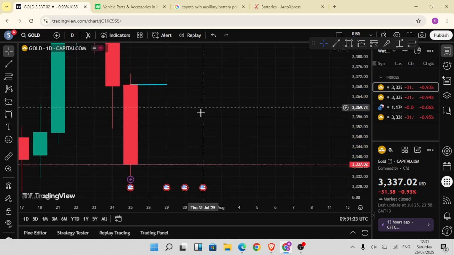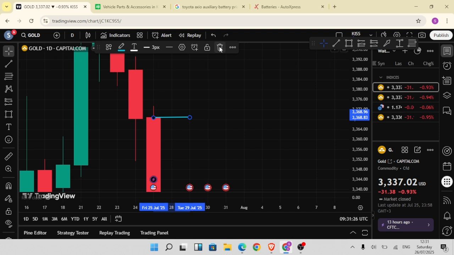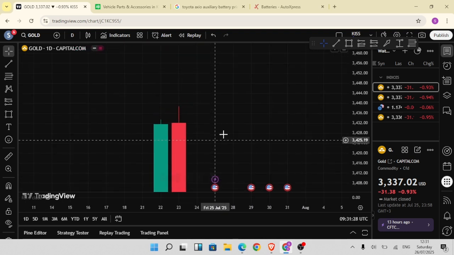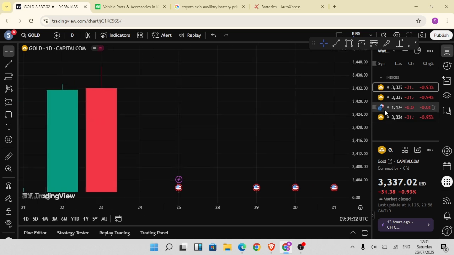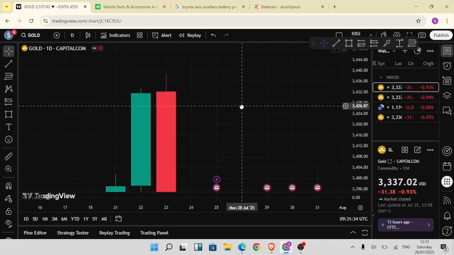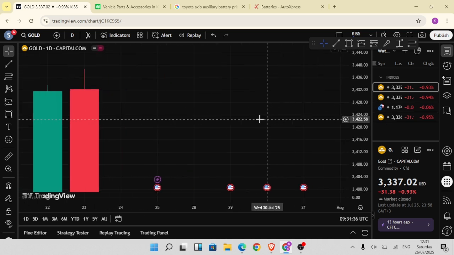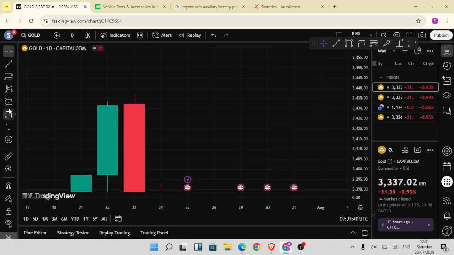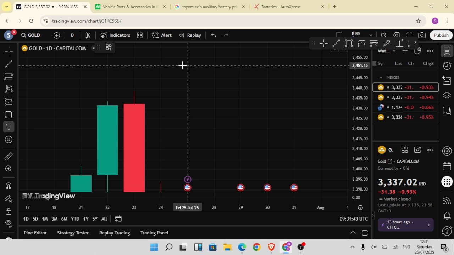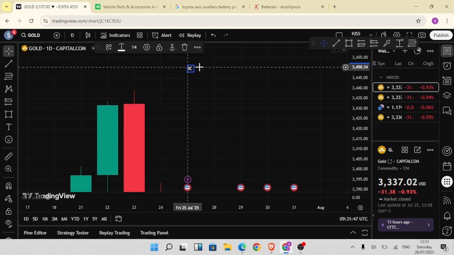However, I want to introduce you to a better way of getting confirmations and taking entries, and this is based off the ICT 2022 model. It's a very simple model, it's not complicated. You are just looking for 3 things.